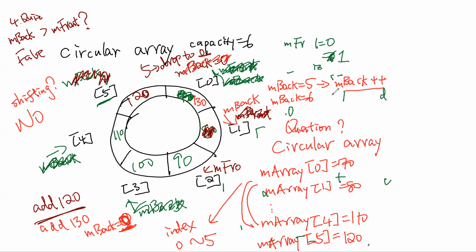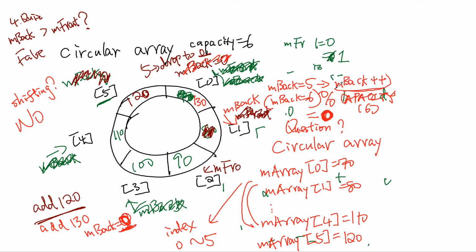But think about it like this. If we use modulo capacity, and this capacity is 6, 6 modulo 6, we get what? We get 0. Then you see it still applies.